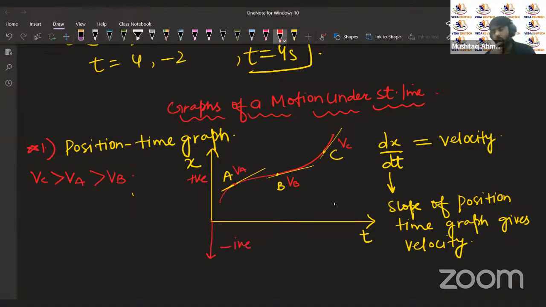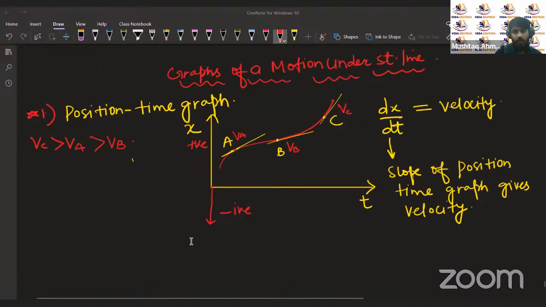And the time axis is always taken along the positive x-axis, because we do not talk about negative times. So the slope of a position time graph gives the velocity at some point. In this case, the slope at C was greater than A, which was greater than B, so Vc is greater than Va, greater than Vb.